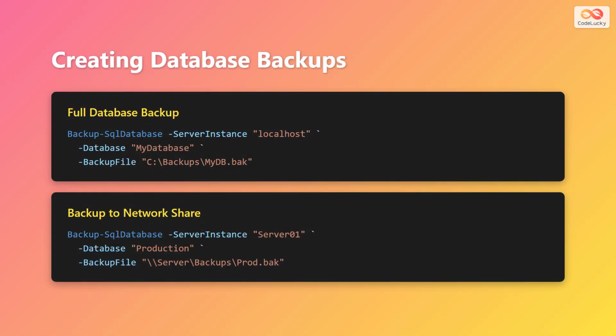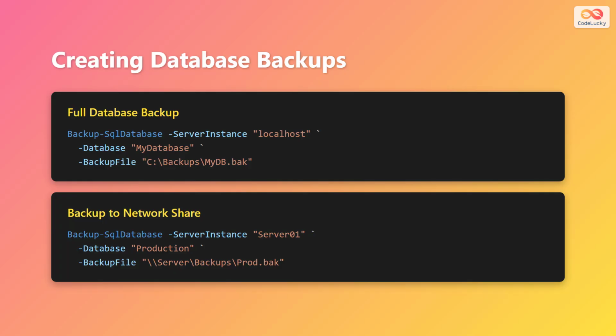Database backups are critical for data protection and disaster recovery. The Backup-SqlDatabase Cmdlet makes creating backups simple. To perform a full database backup, specify 3 parameters: ServerInstance for your server name, Database for the database to backup, and BackupFile for the destination path.